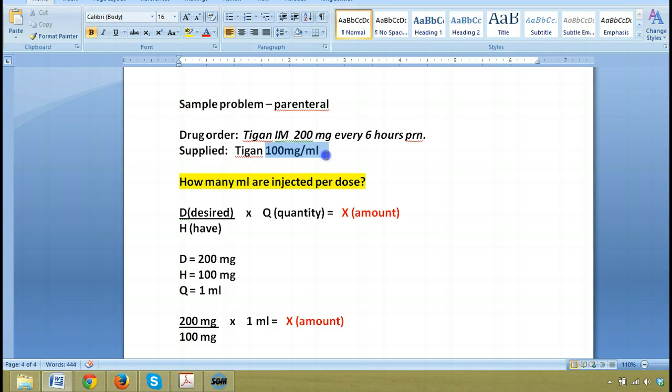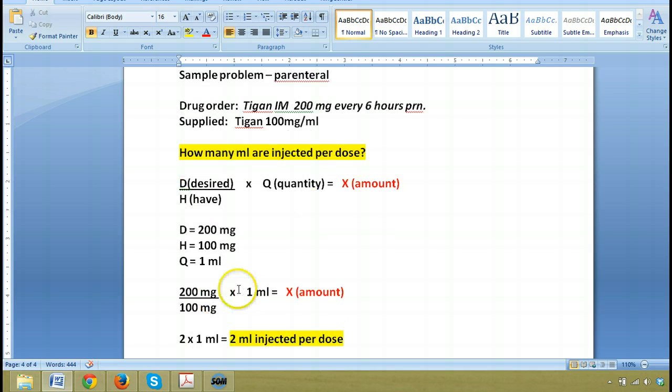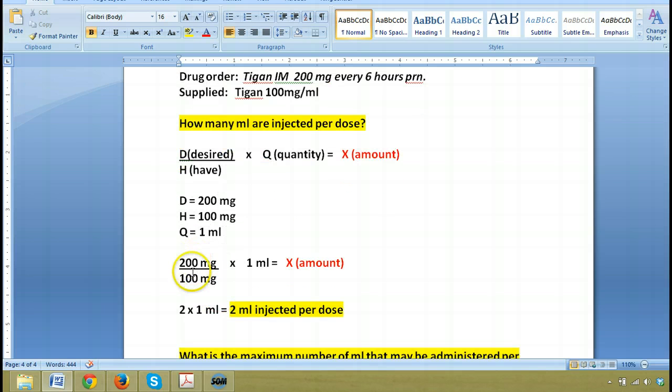Again, 100 milligrams per mil, that means 100 milligrams per 1 mil. Okay, so your quantity is 1. Plug in your numbers and do your math. 200 divided by 100 is 2 times 1 mil equals 2 mils injected per dose. Again, this equation is for each dose, not for the whole day or the maximum amount for the whole day.